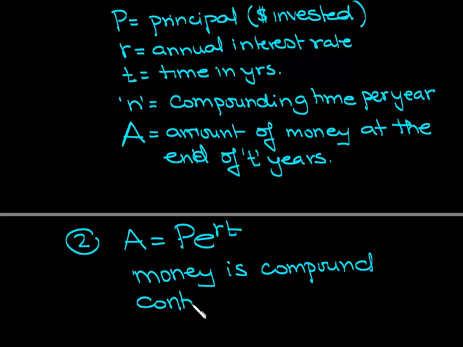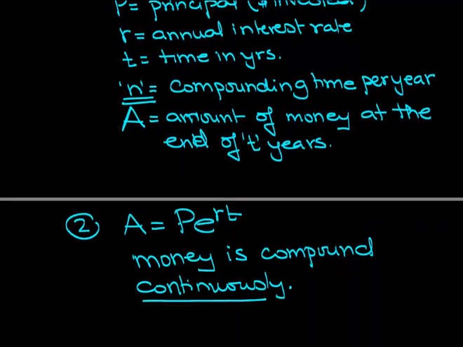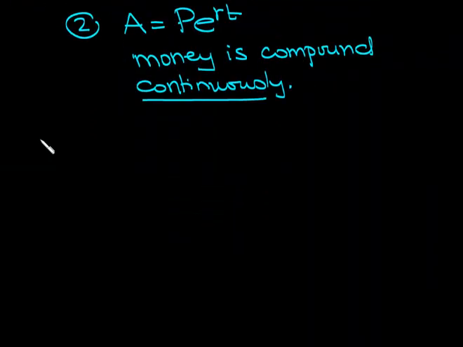So basically you're getting interest every second. This is the formula we're going to use if the money is compounded continuously. If the money is compounded a certain number of times a year, then we're going to use the other formula. These are the two formulas for compound interest.